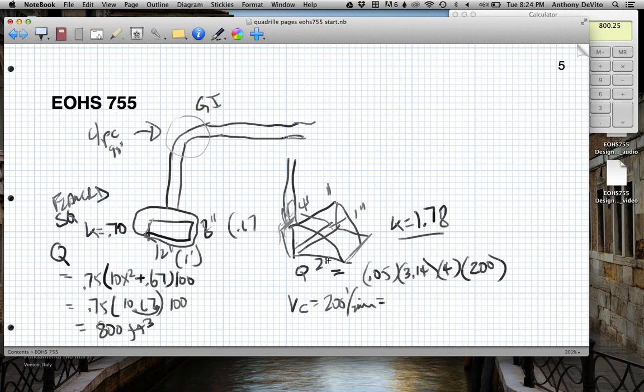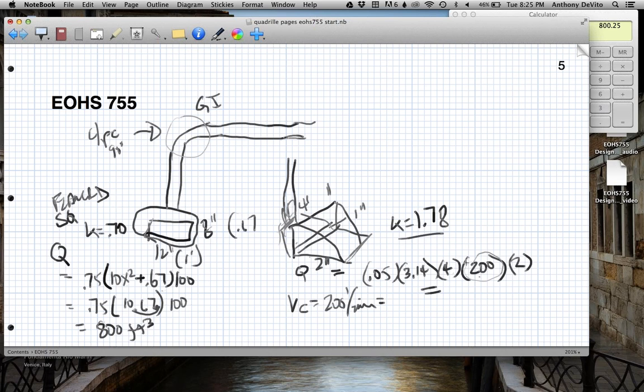So we're going to assume that this table is 2 feet wide, and that we want 200 feet per minute 2 feet away from this. I left that out of this formula, didn't I? Pi times 3.14 times 2. I'll put it over here. Times the length of the slot, which is 4, times 200 feet per minute going across 2 feet away from that slot.